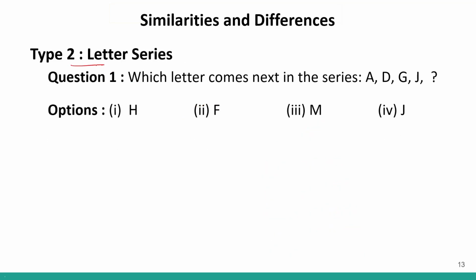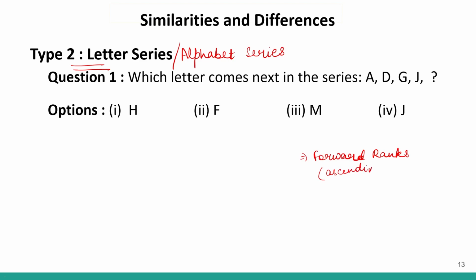Now let us move on to the letter series, also known as alphabet series. For letter series or alphabet series, there were 4 concepts that I told you to remember. The first concept was of forward rank, in which we assign numbers to the alphabets in an ascending order.